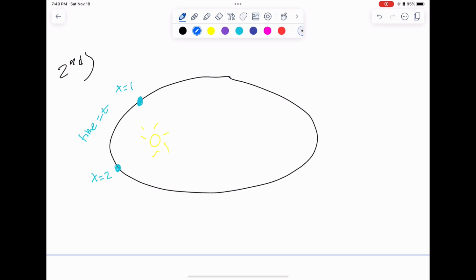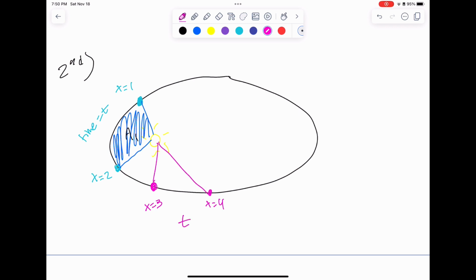Then if we were to draw the radius vector going from the sun out to the orbit, and we were to find this area, let's say this is area 1, then if we were to have this planet, let's say at position 3, moving to position 4 in time t, then the area formed going from the sun out to the orbit in that amount of time will be equal to the first area. So we basically get that our area 1 is equal to our area 2.